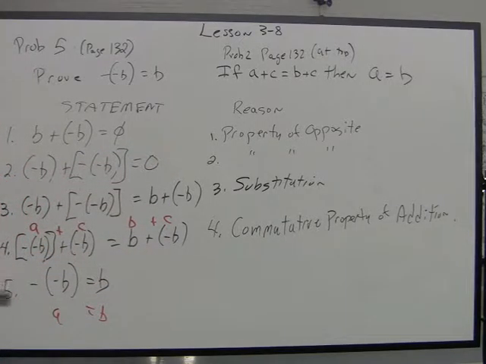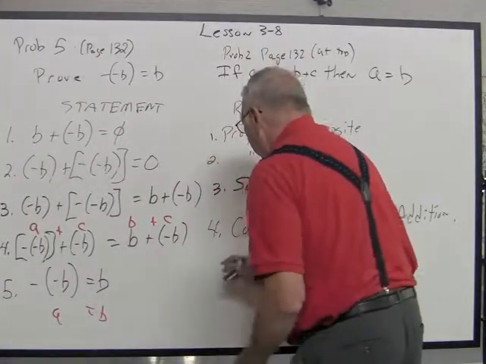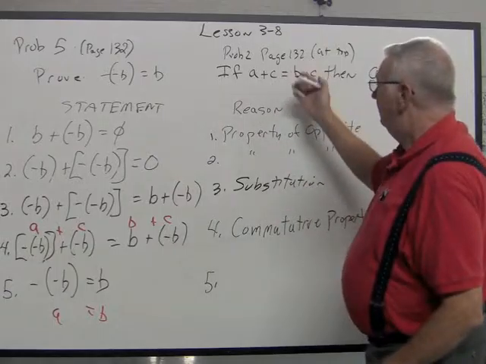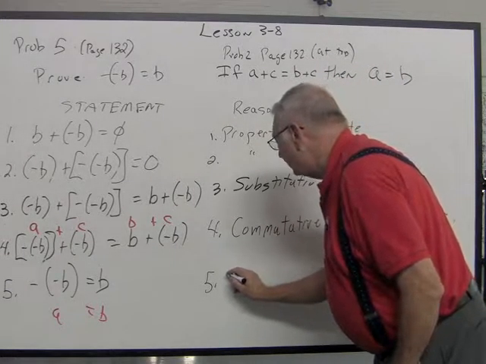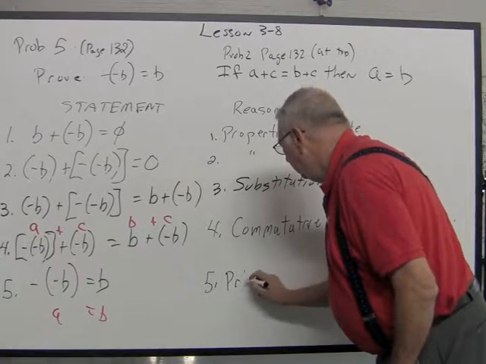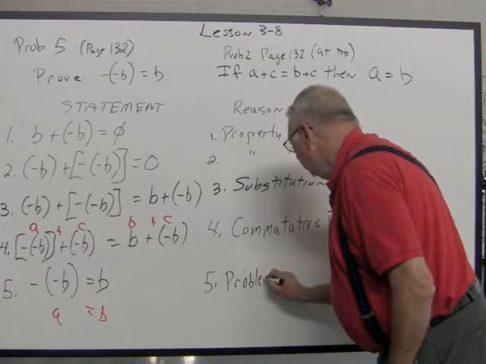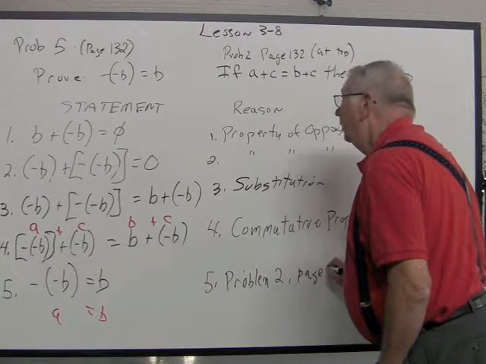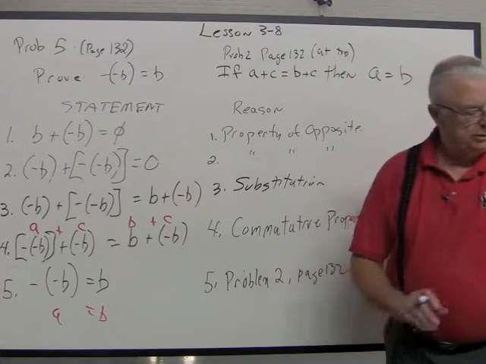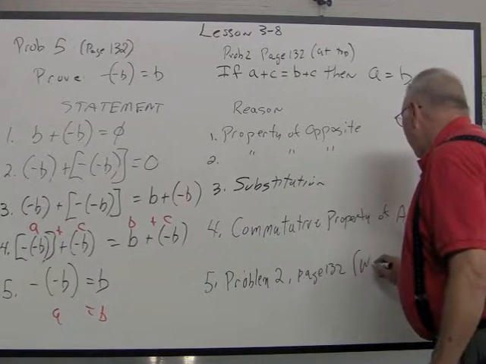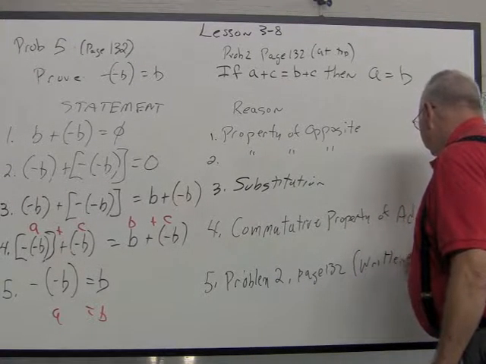So from step 4 to step 5, the reason they can say is, if you want to call it, we'll say it's actually problem 2, page 132, which are actually problems under the written exercise, not oral exercise.